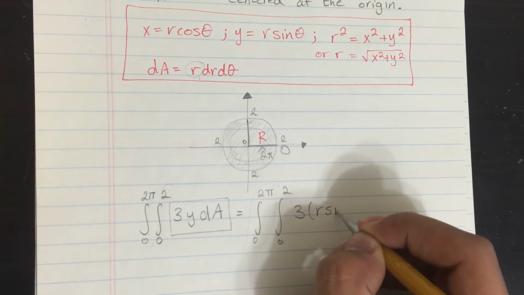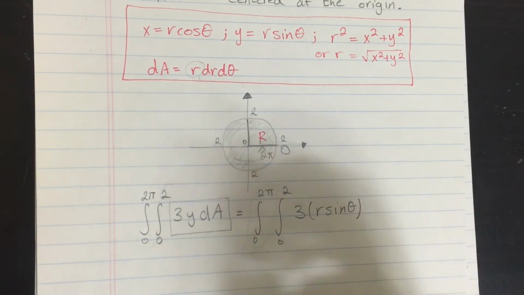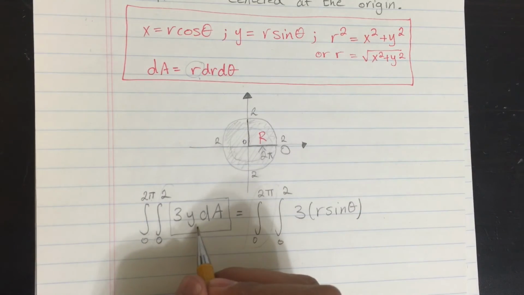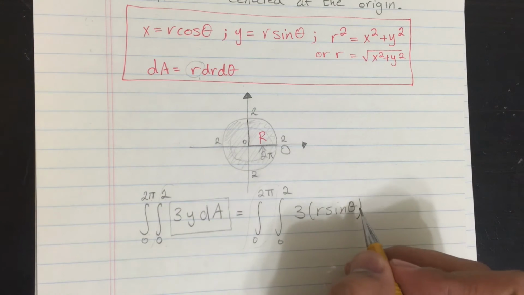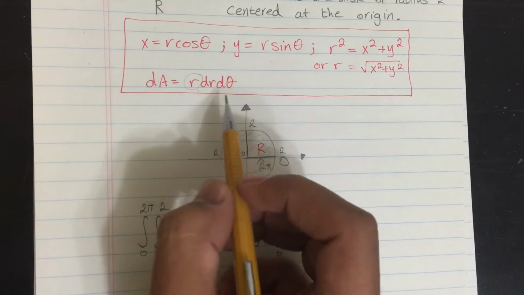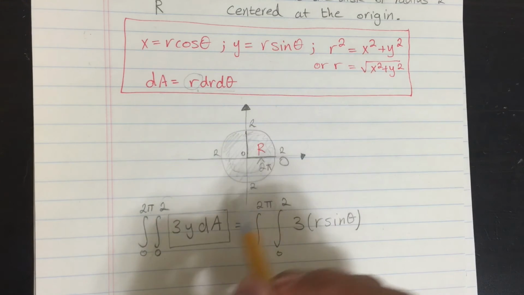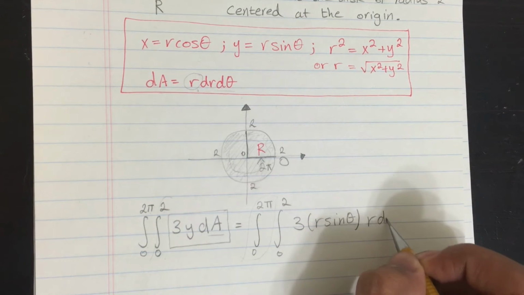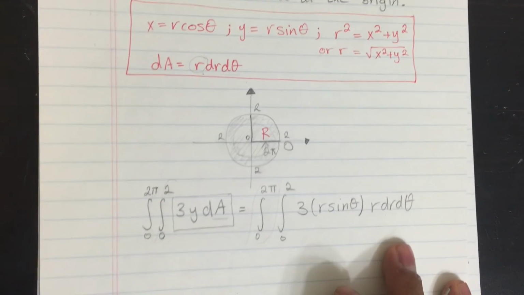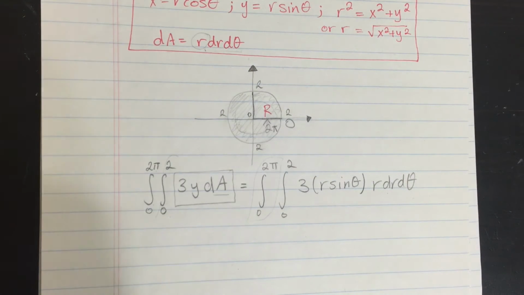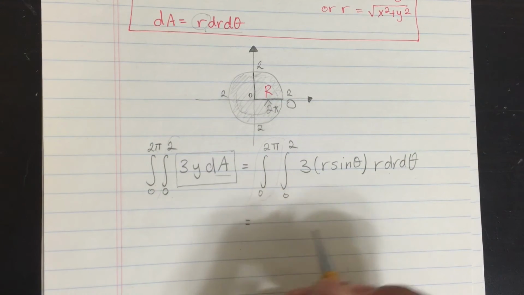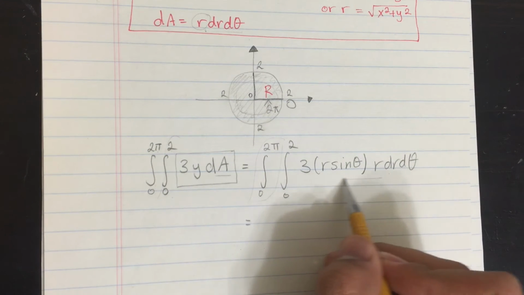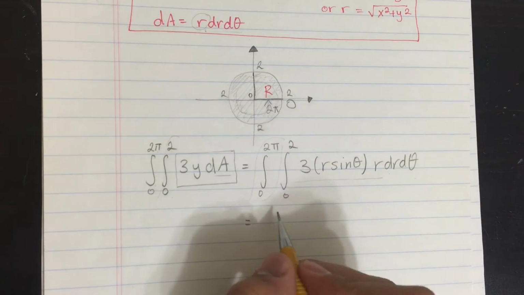So r sine theta, which is the same as y, and then we can use this formula to substitute for dA, which is going to give us r dr d theta. And then we can go ahead and solve this problem simply by starting to integrate the inside and then going on the outside.